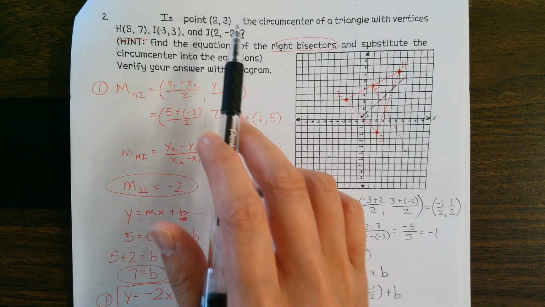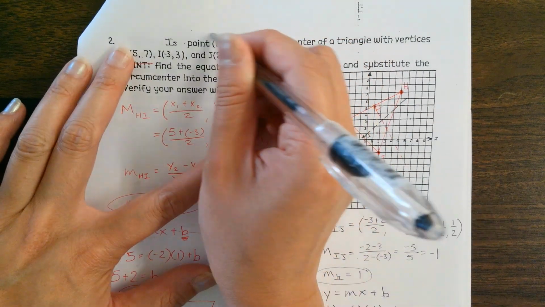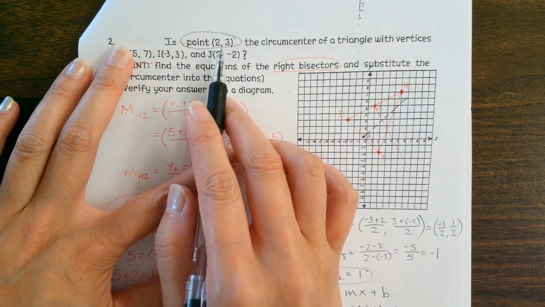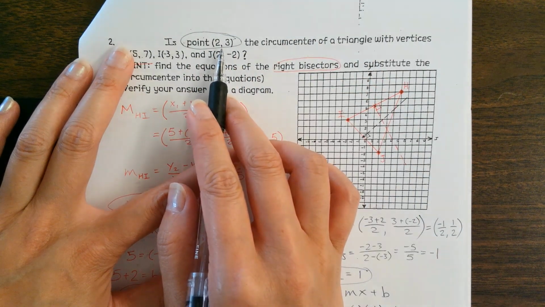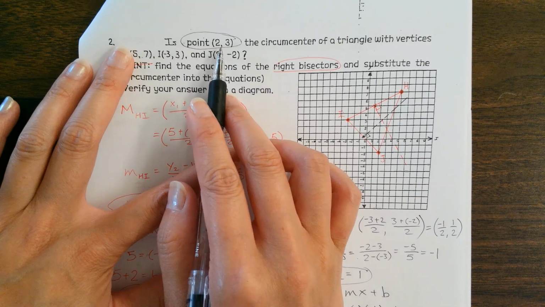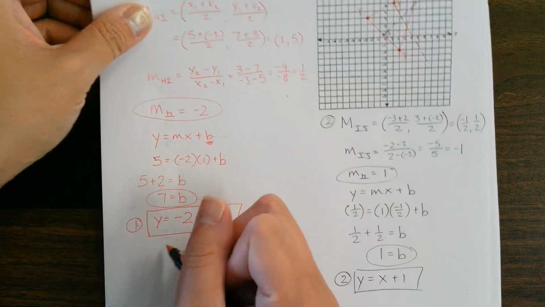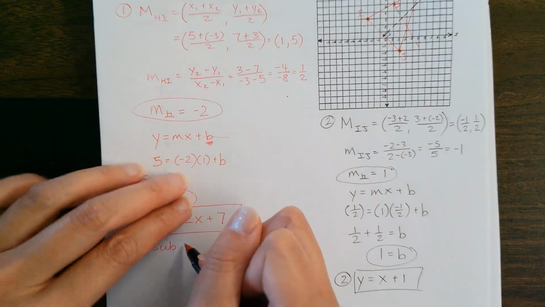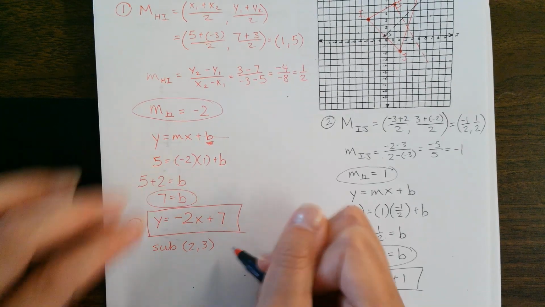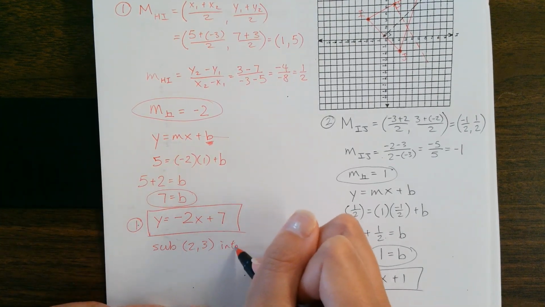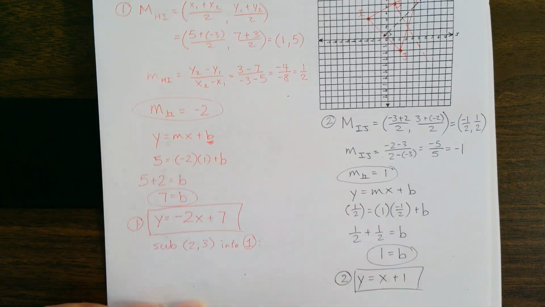But I was being nice and I actually gave you this point and asked, is this the circumcenter? So the question just became a lot easier because now you can just substitute this into this equation. So sub (2, 3) into equation 1 and see if it satisfies it.